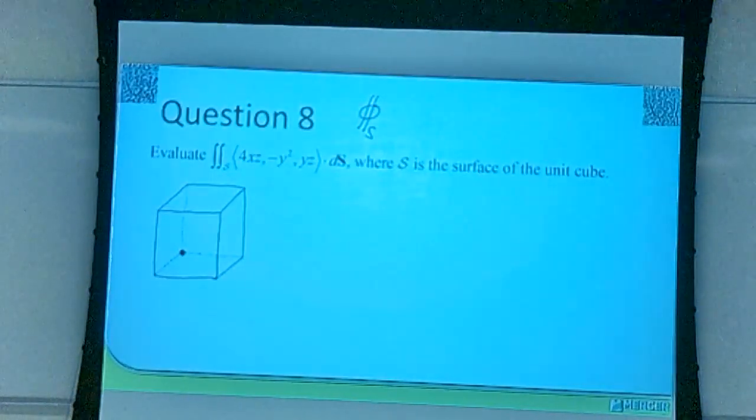Much like with the line integral where the circle represents that the curve itself is closed, this represents that the surface is closed.